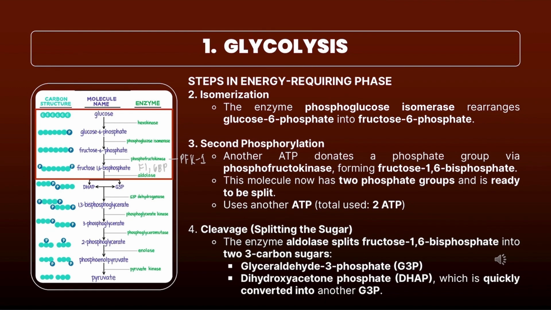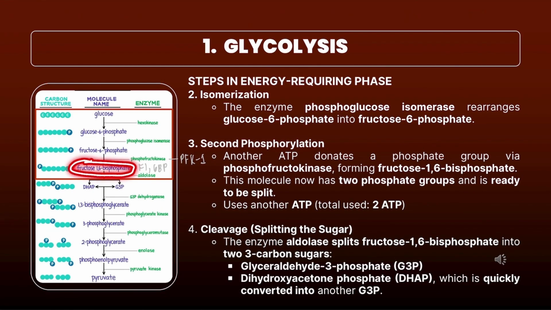So, now that the molecule fructose 1,6-biphosphate has become unstable, it will now be ready to split in half, okay? In order to do that, the enzyme aldolase does the splitting. Here, as you can see, we have a 6-carbon sugar.